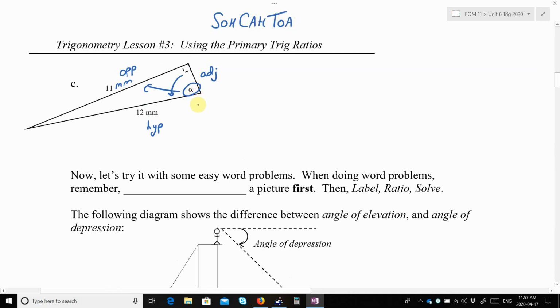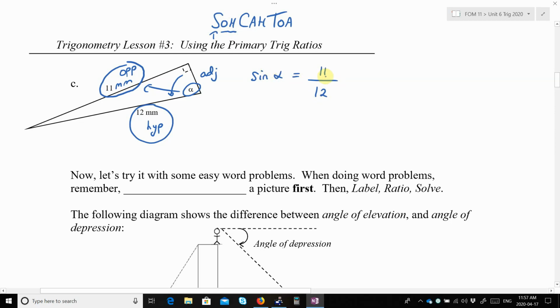Okay, so if we want to get angle alpha, we have the opposite side, and we have the hypotenuse. Which ratio deals with opposite and hypotenuse? OH. That comes from sine. So you go sine of alpha is equal to 11 divided by 12.